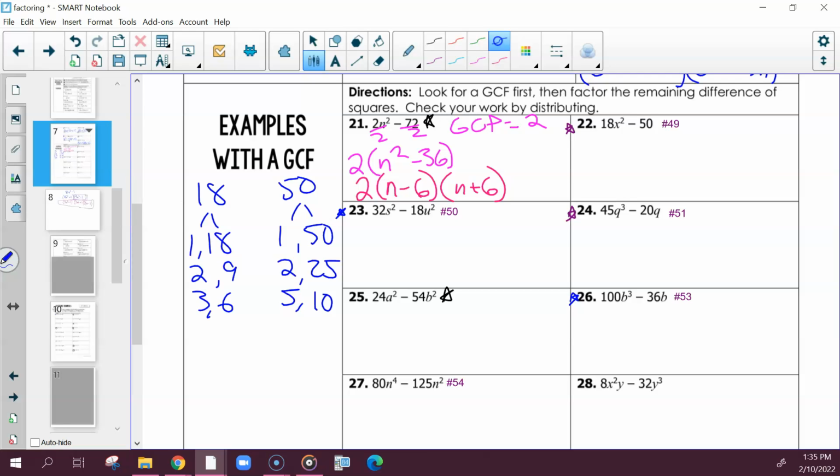And I believe that's it. So of these, what is the highest common factor? 2. Not a really big GCF, but that's what our GCF is for this one.